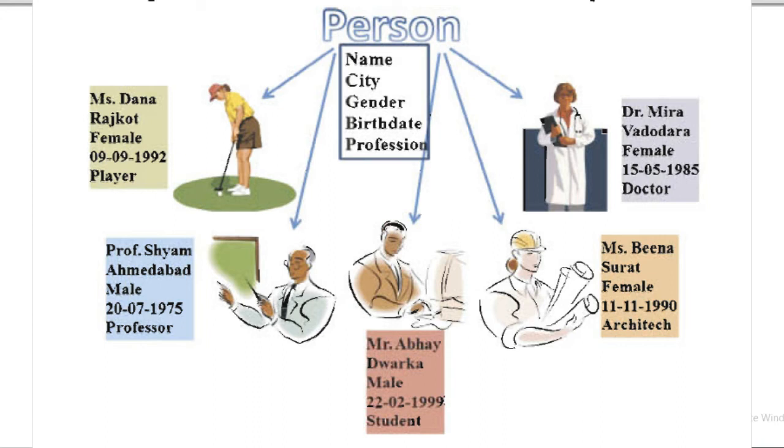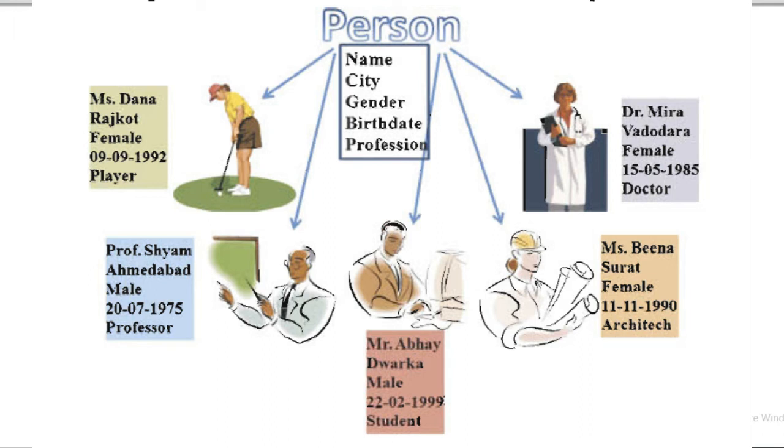For example, to the first object we are giving name Dana, city Rajkot, gender female, date of birth 9 September 92, profession player. In the same way, one more object with different values of these attributes we have given. Then the third one, fourth one, and fifth one.